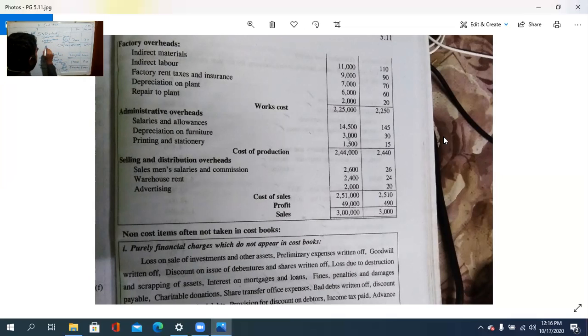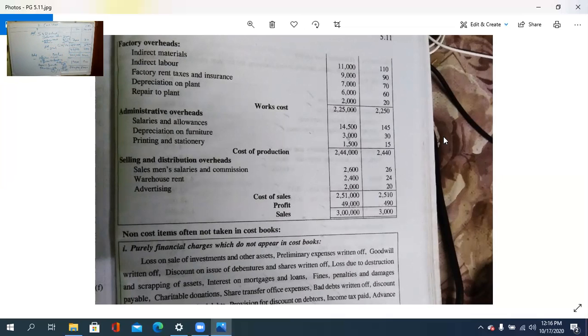So the profit is 3 lakh minus 2,51,000, which is 49,000. So 490 per unit, isn't it? So 490, this is the final answer.